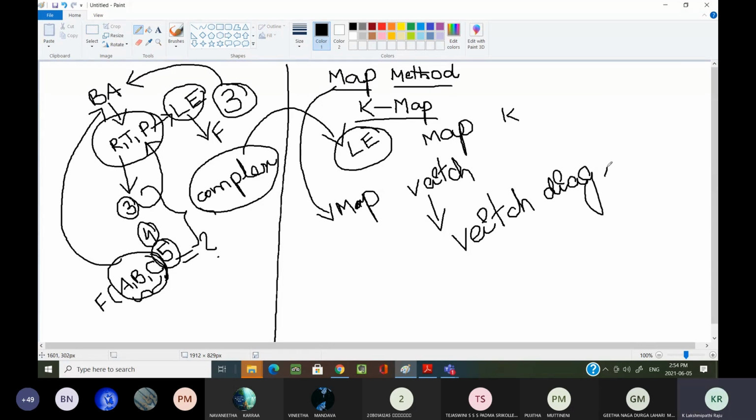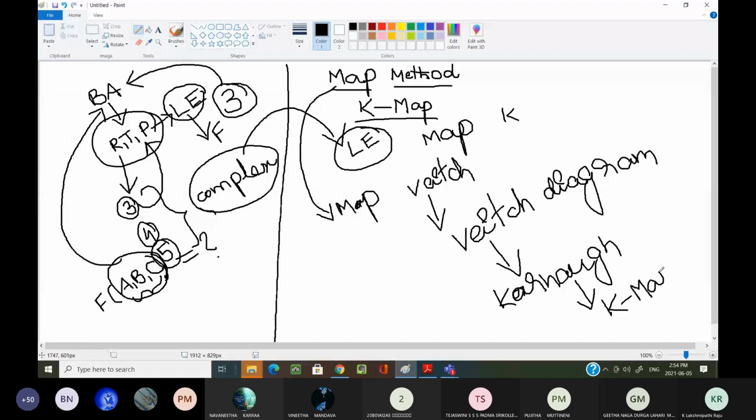These Veitch diagrams were slightly modified by Karnaugh, another mathematician. From then onwards we call these diagrams K-maps, or Karnaugh map, or K-map method of simplification.